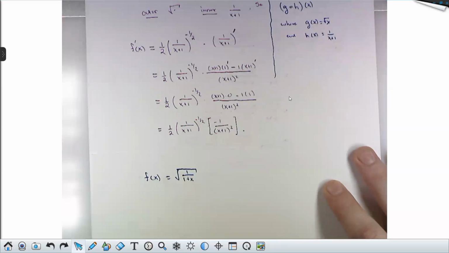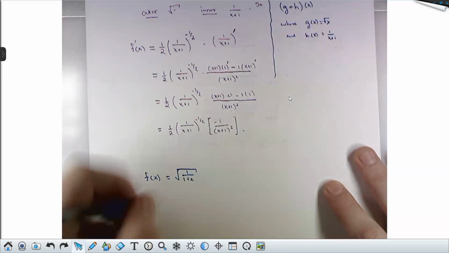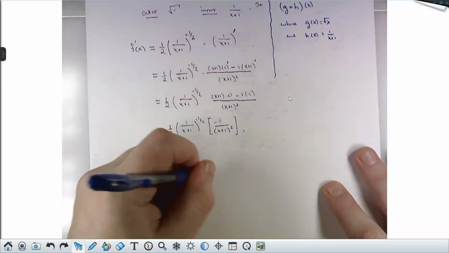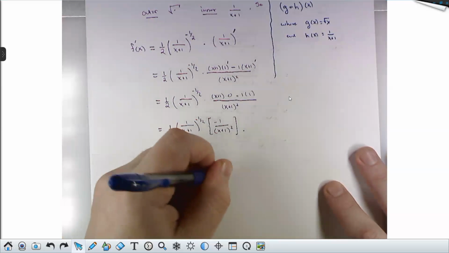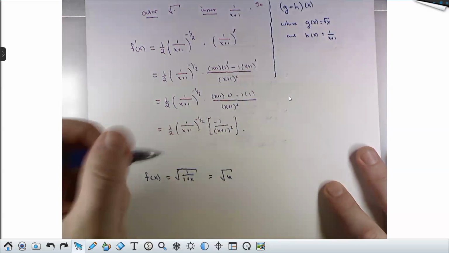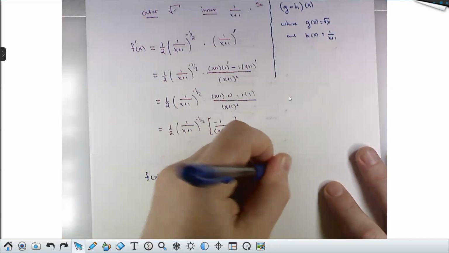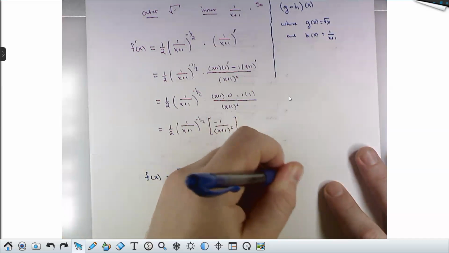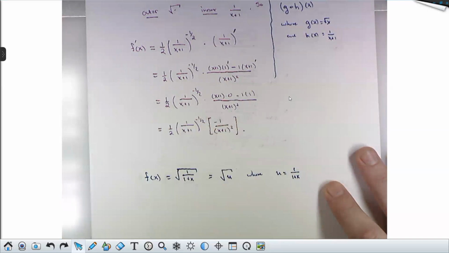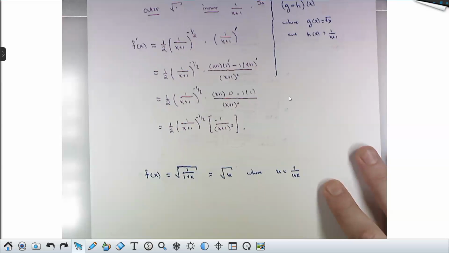This guy can be thought of as the square root of u, where u is that inner function, 1 over 1 plus x. Right?